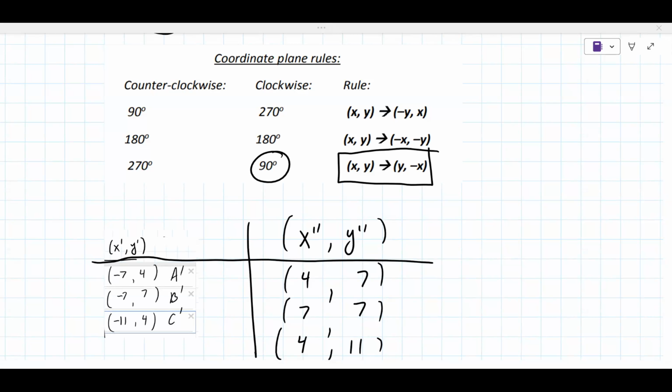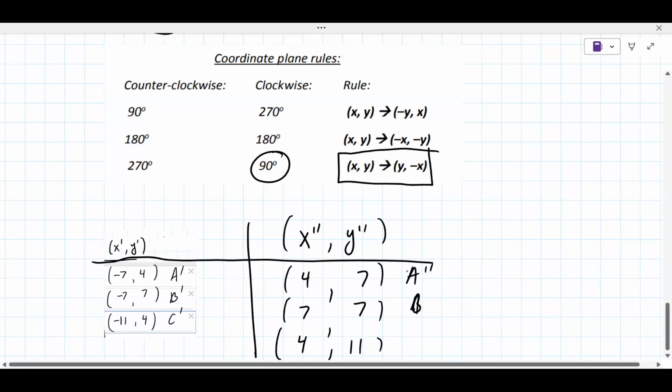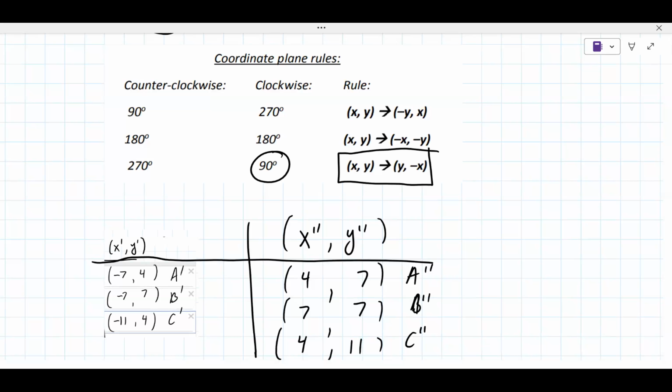It's very nice to see this, again for labeling purposes, A double prime, B double prime, C double prime. Hopefully, like I said, you've seen these rotations, these transformations, maybe even did some dilations in the class.